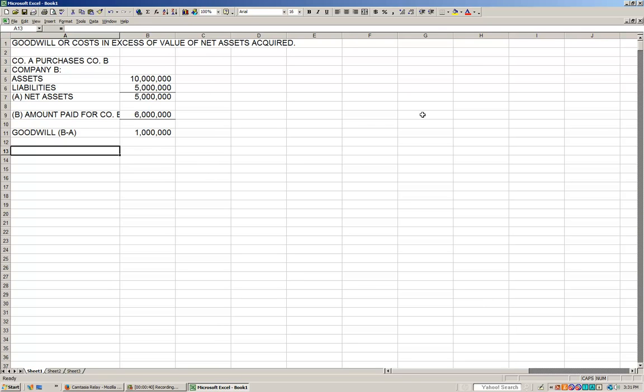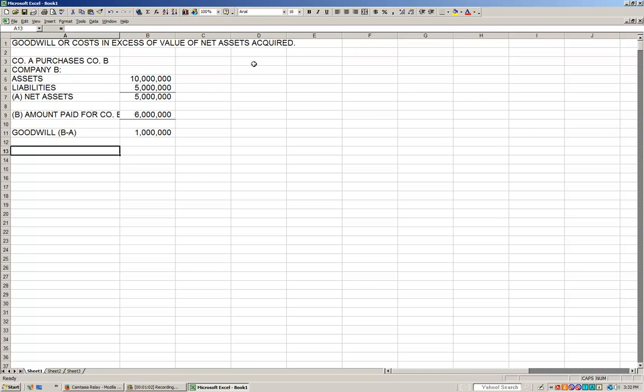Okay, Goodwill is not kind of a fluffy feeling that our customers get when they think of the company. It's not a charity. Goodwill arises basically only when a company is purchased at a cost in excess of the value of its net assets.